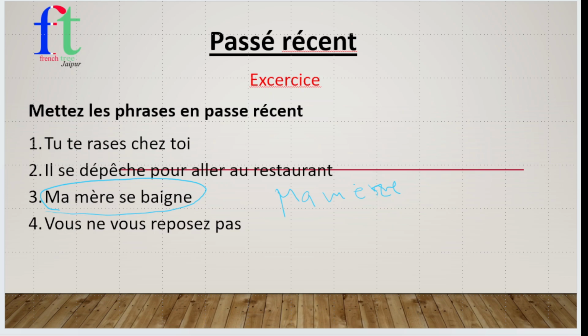Are you taking je? Ma mère is my mother. It's not me, I. Are you my mother? So, you just take the verb venir. Ma mère vient de se baigner. Wouldn't that be the infinitive form?